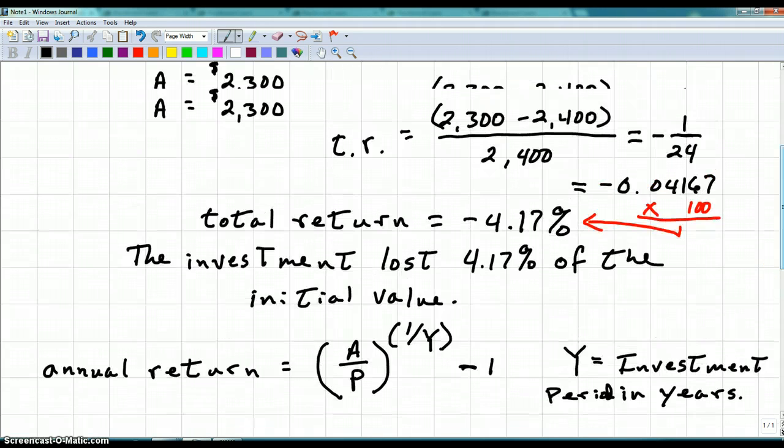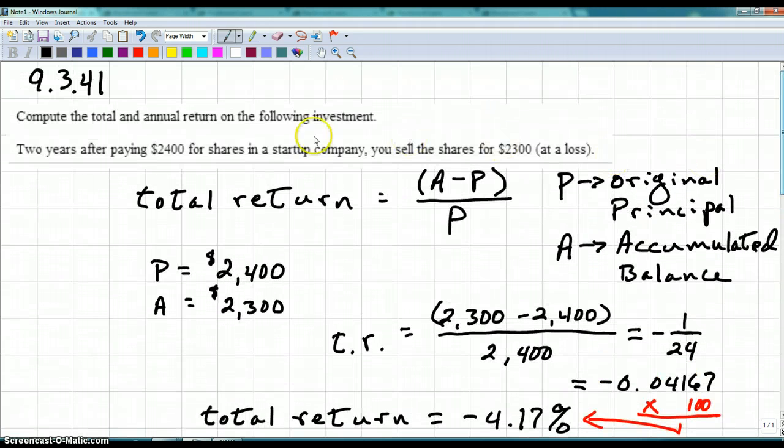If we go back to the original problem, we'll see that it says after 2 years. So my P is going to be 2400, which we had right here. The A is 2300, and then Y is now going to be 2 years.